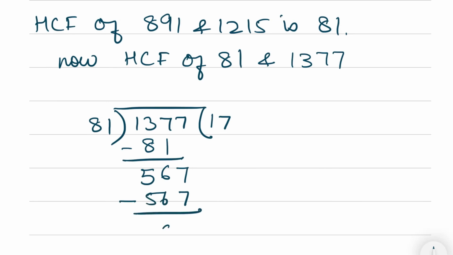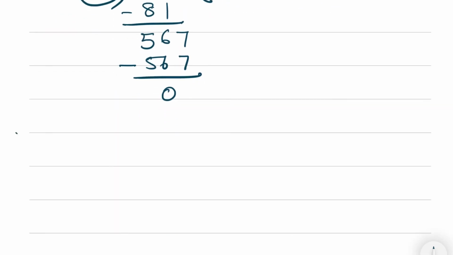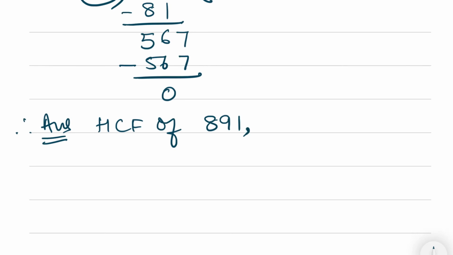So subtracting, we get 0. So 81 is the HCF. So therefore the answer I can write down: the HCF of 891, 1215 and 1377 is 81. So we have done enough examples and you have understood it well.